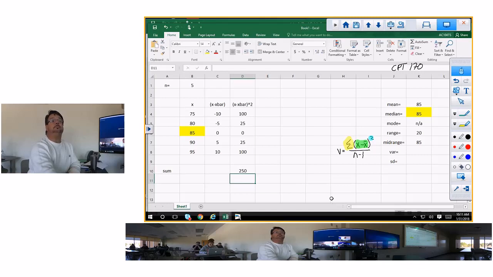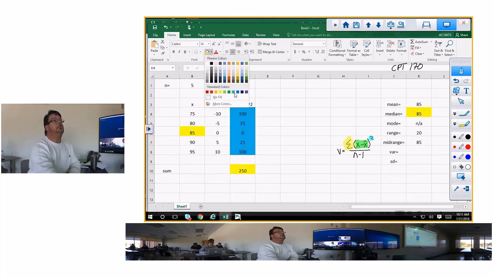There's your numerator for the variance. Okay, so what I'm going to do is highlight this yellow, meaning that's the summation, and I'm going to highlight this blue, or aquamarine, sorry. Okay, I don't have aquamarine, but I could make it, but that'd just take too much time.